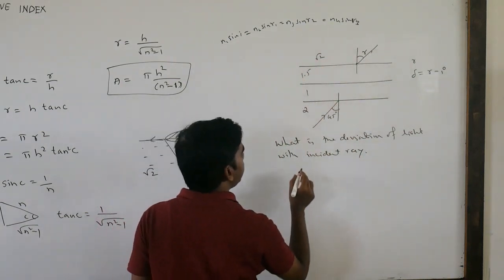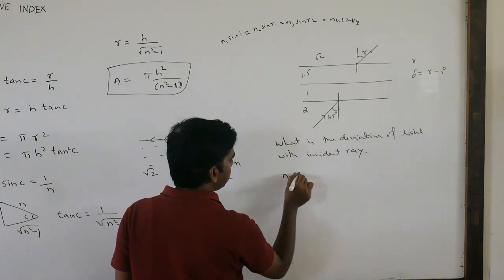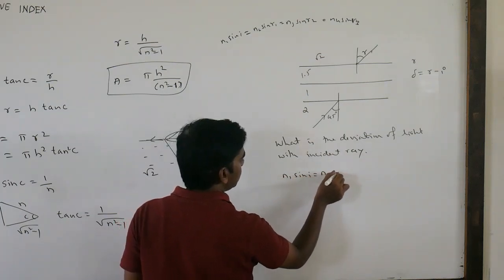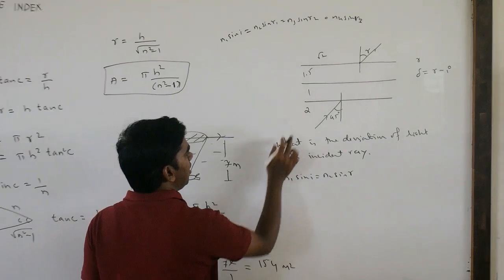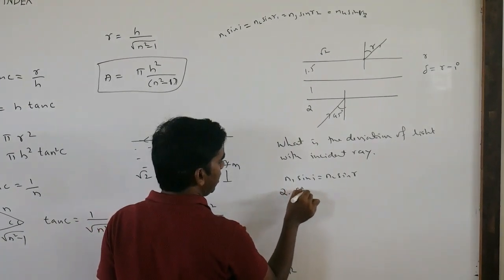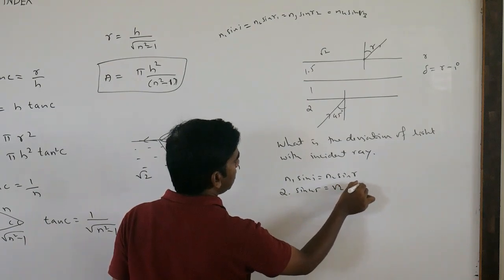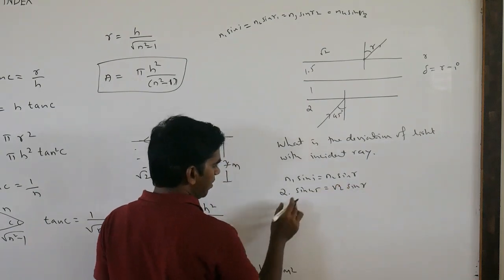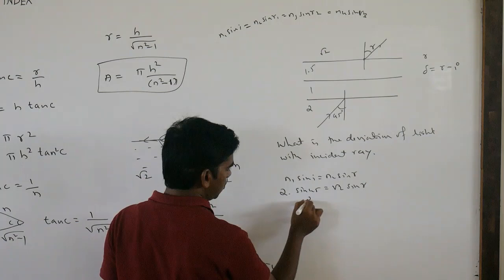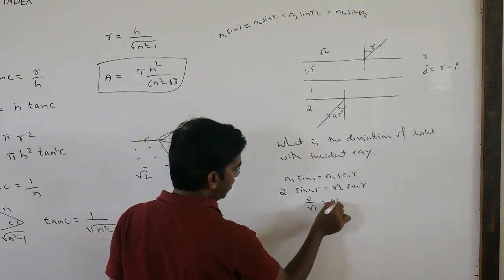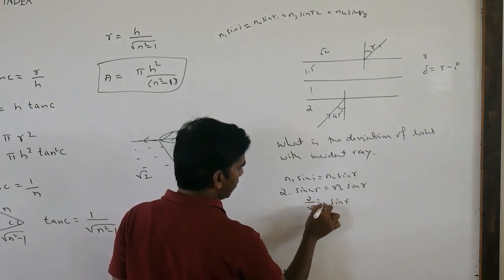Okay. So what we do here is, N1 sin i equals N2 sin r. So N1 is 2, sin 45 equals N2 is root 2 sin r. The last refractive index is 1. So what will happen? This is going to be 2 by root 2 sin r, and here there is more root 2.